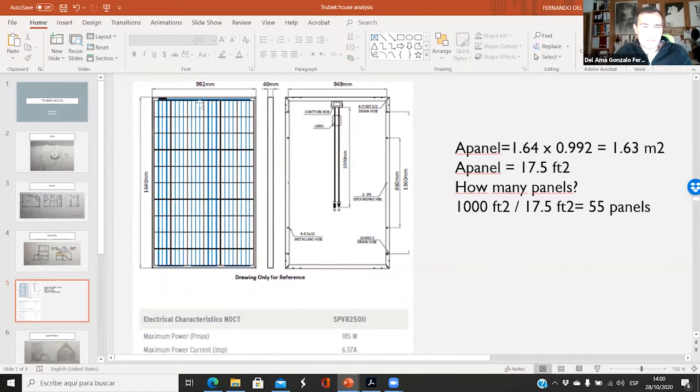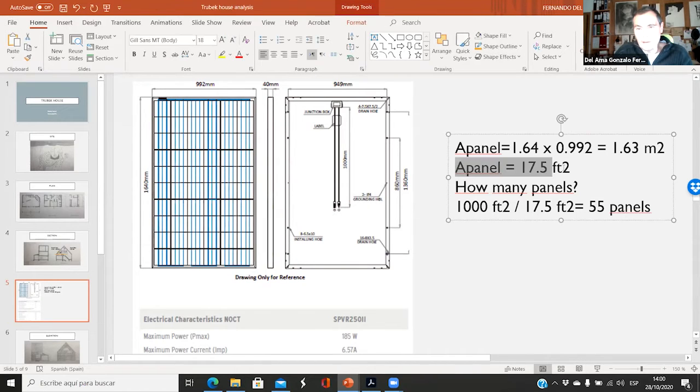Okay, so first we need to select the panel that we have in our catalog, this one. If you find a catalog with inches, I don't know, all the catalogs I have found, especially if they come from China, which are the cheapest ones, are in millimeters or meters. Anyway, we can convert it easily. So we need to calculate the area of the panel in square feet, and then how many panels we need.